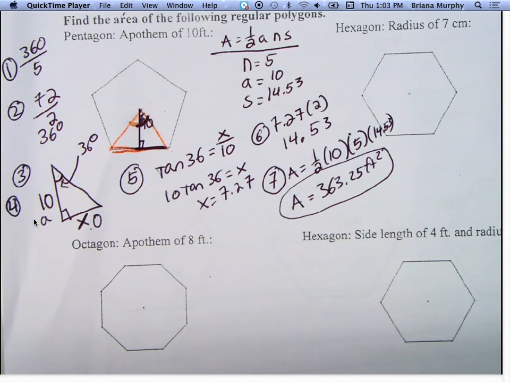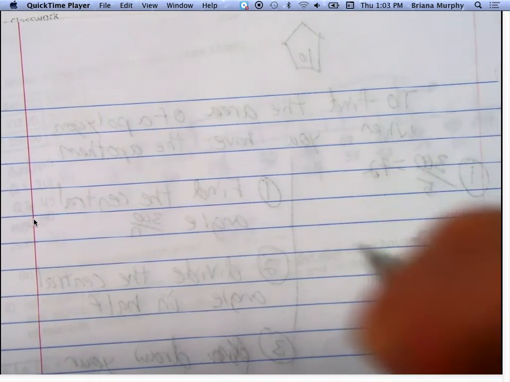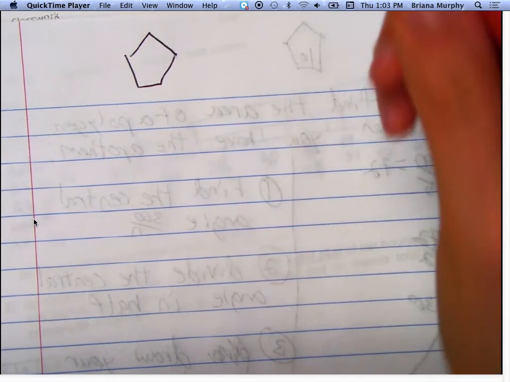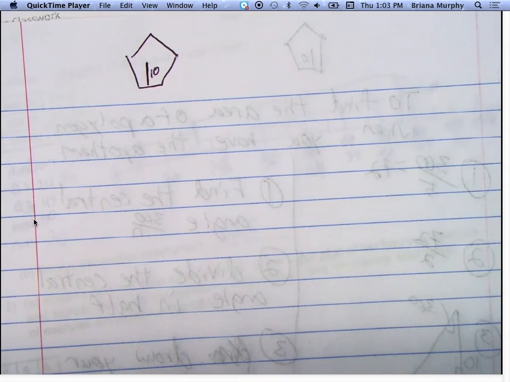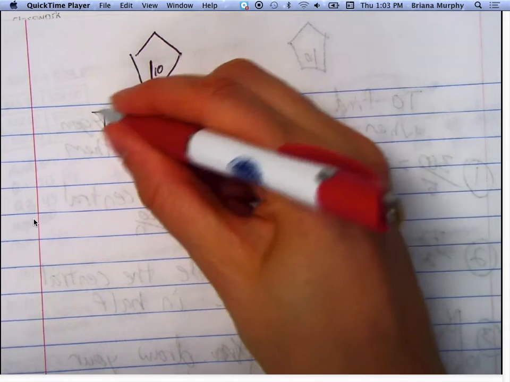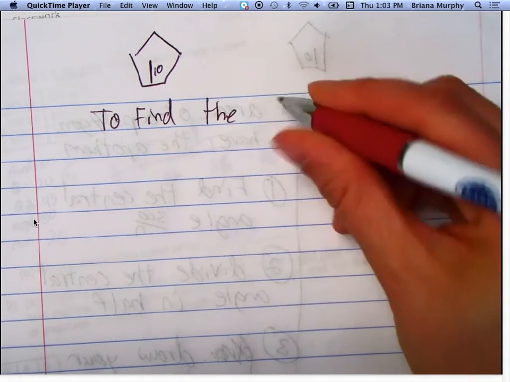So, right here, we're going to start with a pentagon. Yep, we're going to write down the steps. We just need one paper now. I'm just going to draw a line. So this is going to be how to find the area of a polygon.